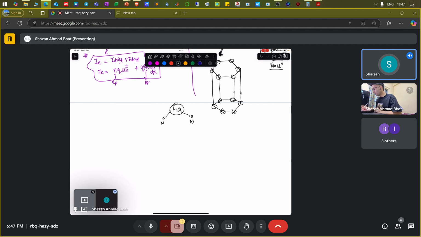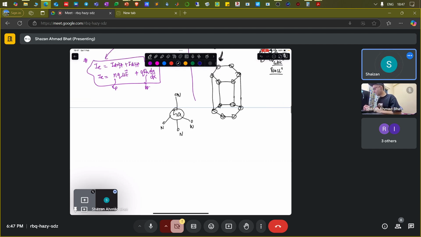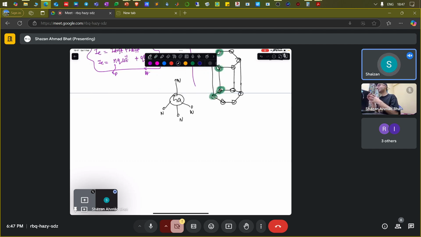Let's draw it for simplicity, something like this. It's not exactly tetrahedral, but you have taken this atom, this atom, this atom and this atom, and they are bonded together. The gallium is the bigger one, followed by the nitrogen, and you can see it in the periodic table also. You know from the periodic table that nitrogen has more electron affinity.